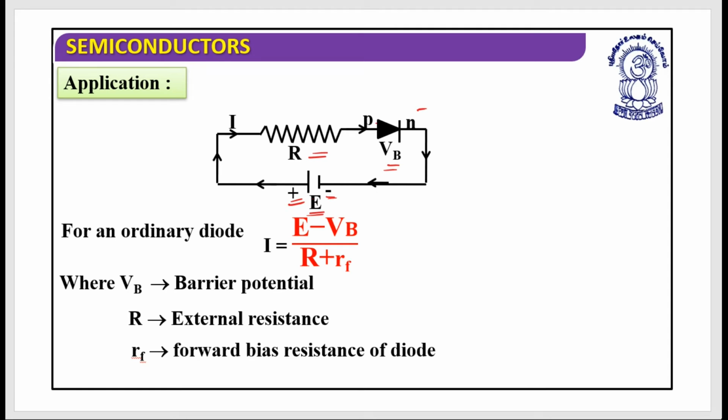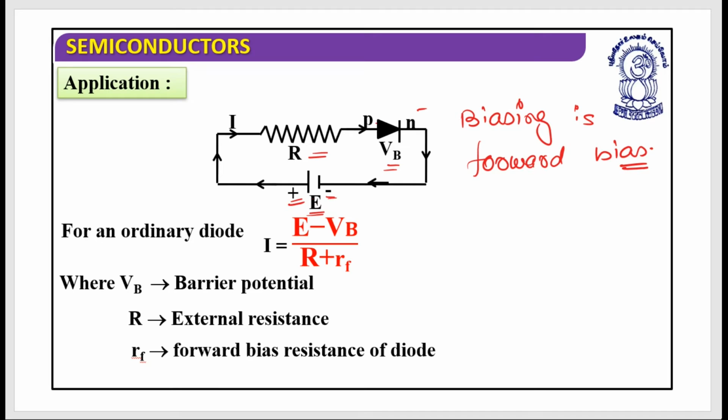So in this situation the biasing is forward bias, and as it is a forward bias connection, it will allow current to pass through it.